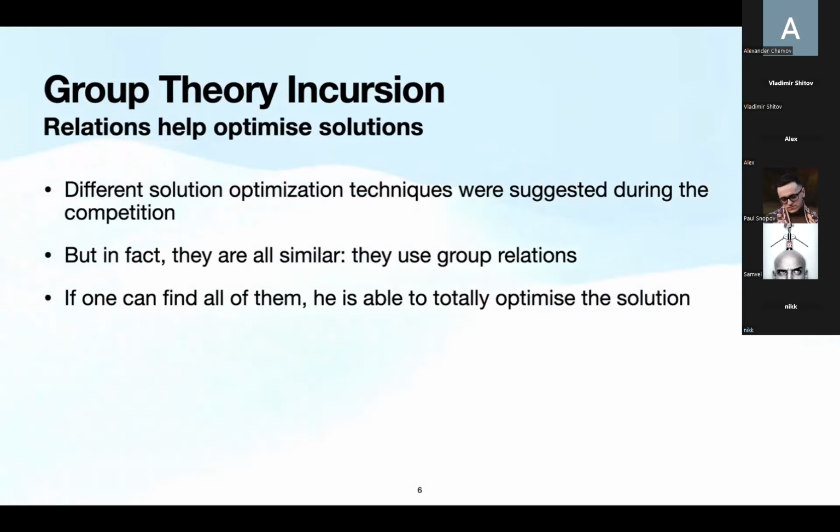For example, this combination in our puzzles is also a relation. If there are a lot of generators, there are a lot of basic relations, and some new relations like this might appear. So the key point is that there are really a lot of them. Sometimes it's not possible to search for them, but we can try.